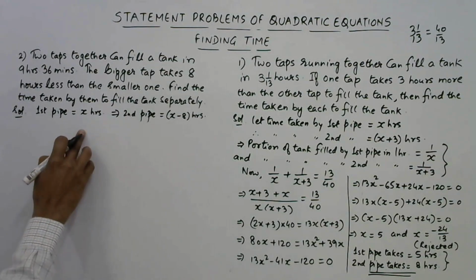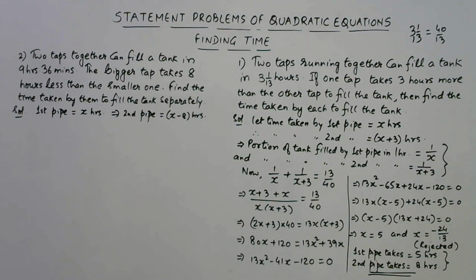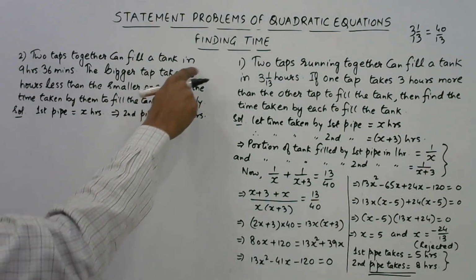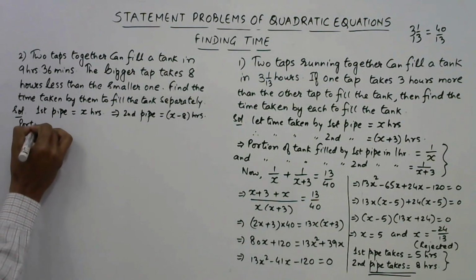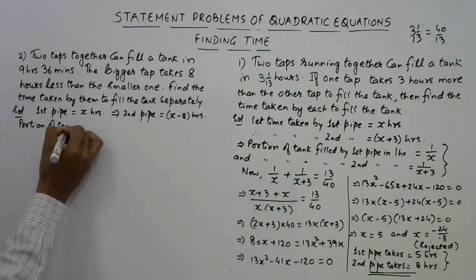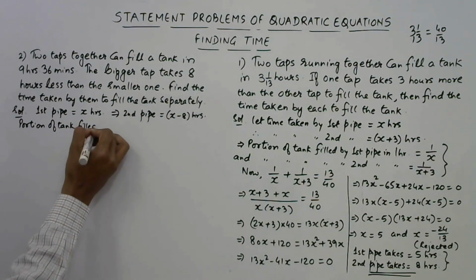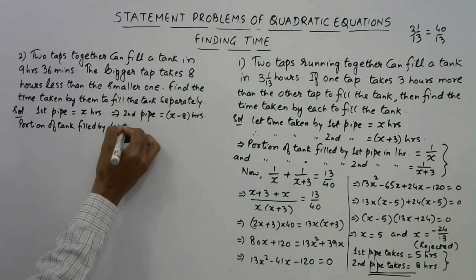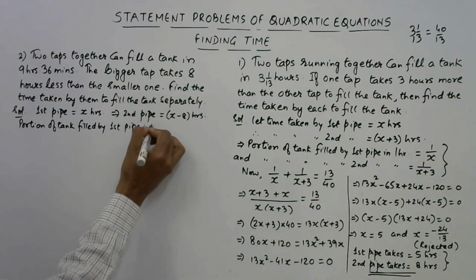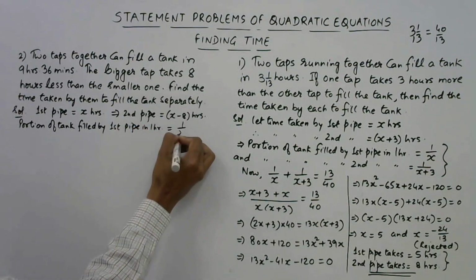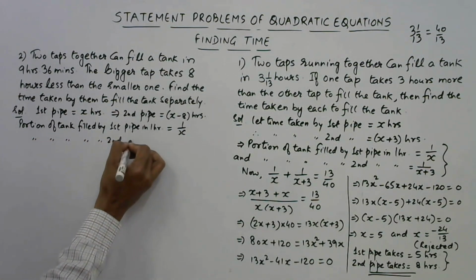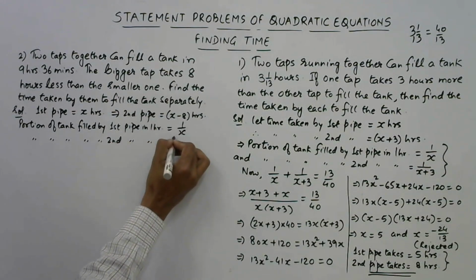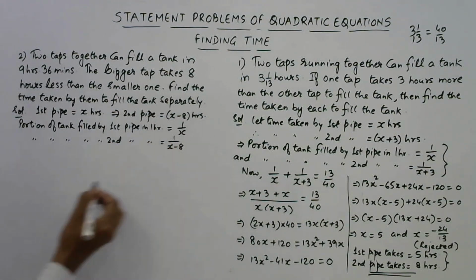So here you have the time taken by the two pipes, which is given as a comparative measure in the question. And now again portion of tank filled by first pipe in 1 hour is again 1 upon x, and similar to this portion of tank filled by second pipe in 1 hour is 1 upon x minus 8.